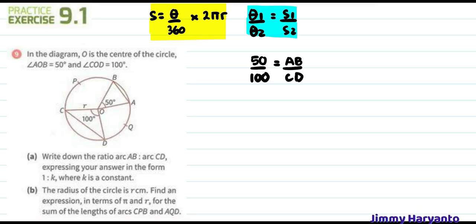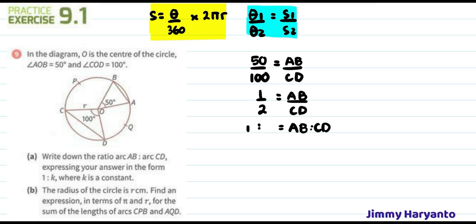When we simplify this, we have 1 over 2 equals AB over CD. That also means AB to CD will be in the ratio 1 to 2, and where K is the constant, K equals 2. There you go.